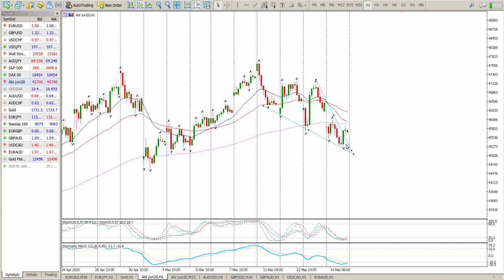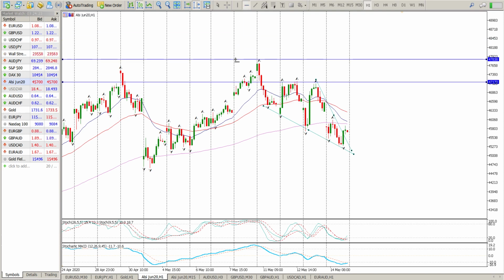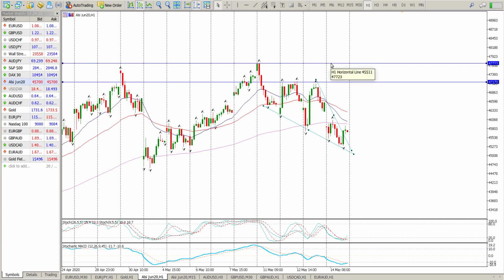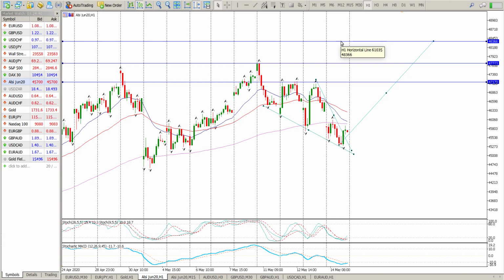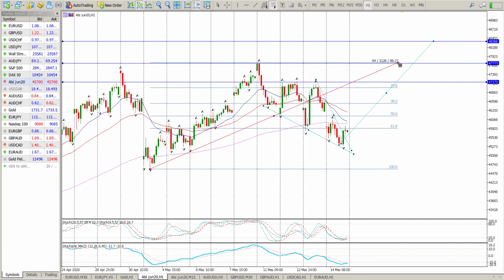So that is also a possibility that we target the top of the wedge, or if we do break above these highs up here at 47,700, then we're looking for a bigger move, something in the line of this. That should take us up to 48,366.